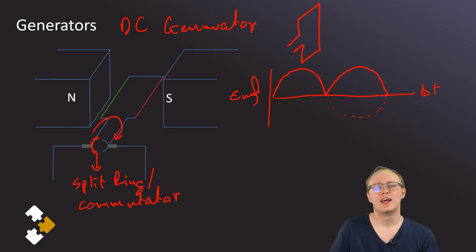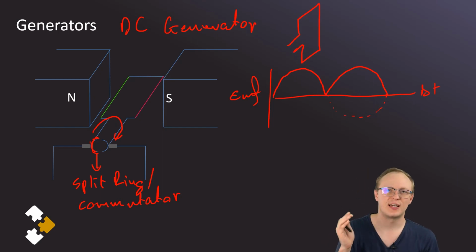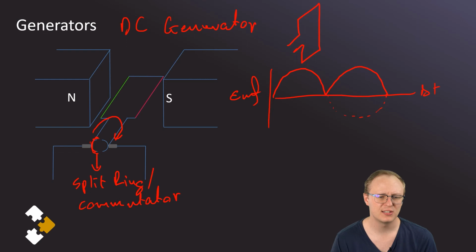It just means that as soon as the graph wants to go below the x-axis, we say, nah, you can take the same path, but you've got to go above the x-axis. So that's a DC generator, and the important thing is that you note the component that is necessary for the DC generator. It is a split ring or a commutator, as you see in the diagram there.